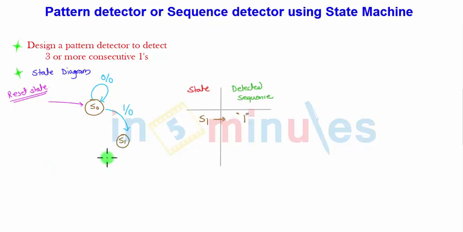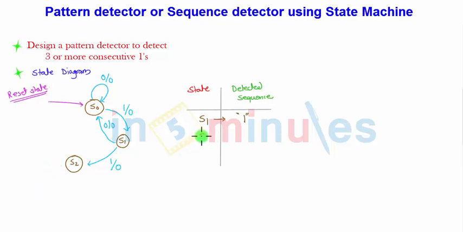Moving further, for the S1 state, if 0 appears, then it will go to state S0, and the output is 0 because the whole sequence 111 is not detected. If S1 detects 1, then it will go to the next state and the output will still be 0. Why? Because 3 ones are not detected. This is only the consecutive second one. So the next state is S2.